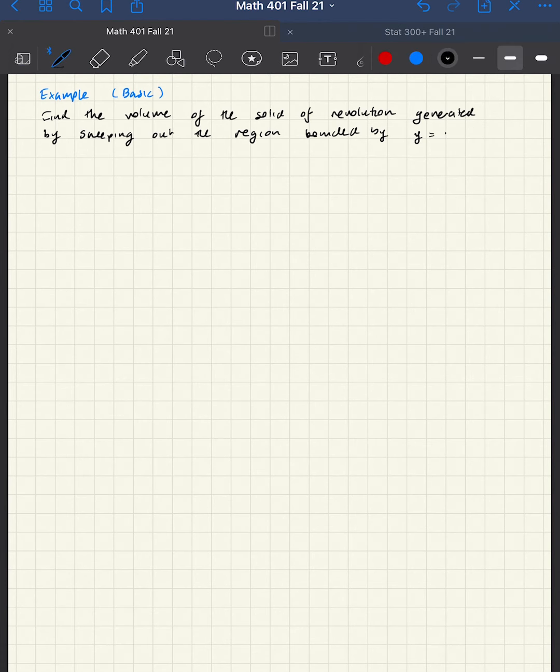Sorry, x minus 1, can't read my own notes apparently, for x between 1 and 5, about the x-axis.